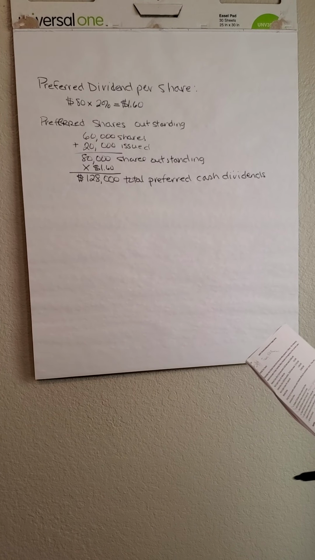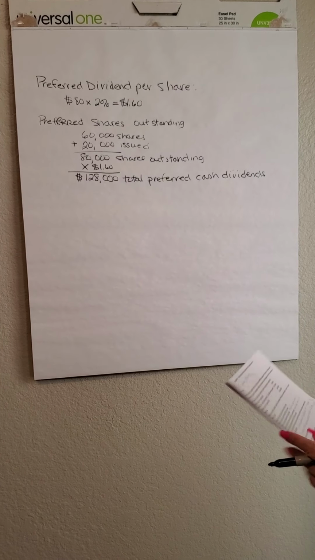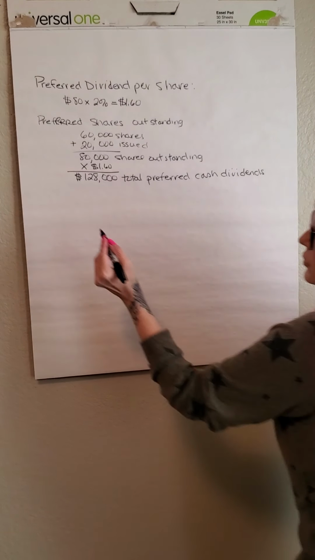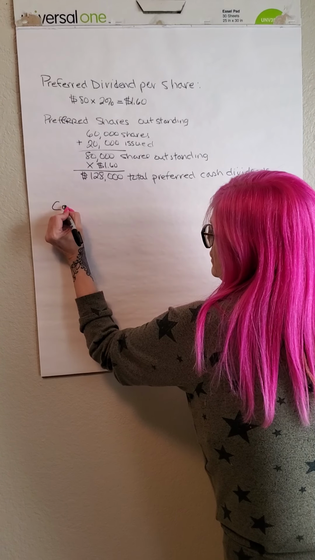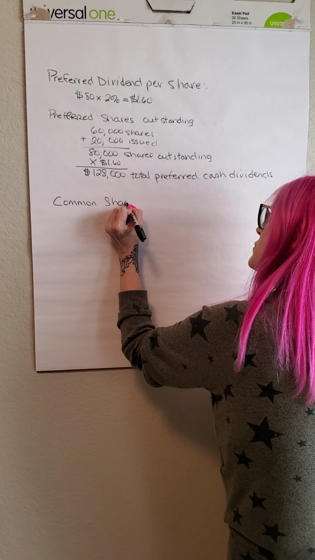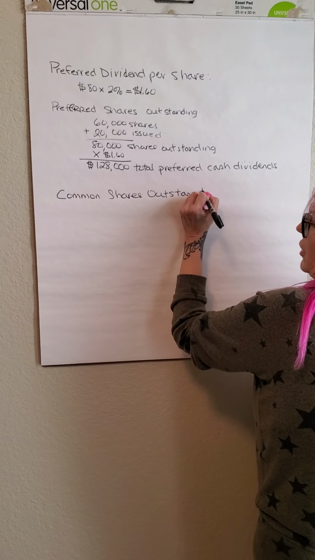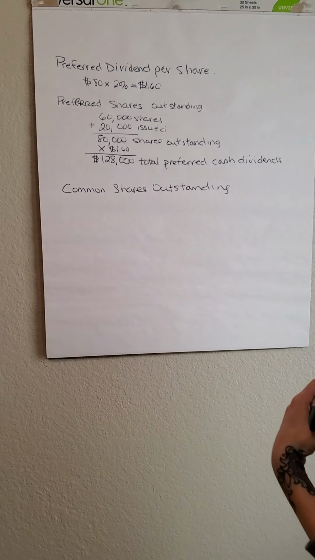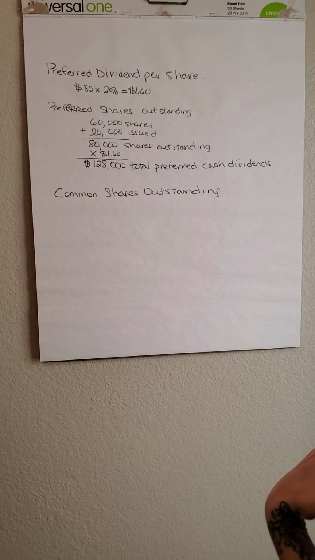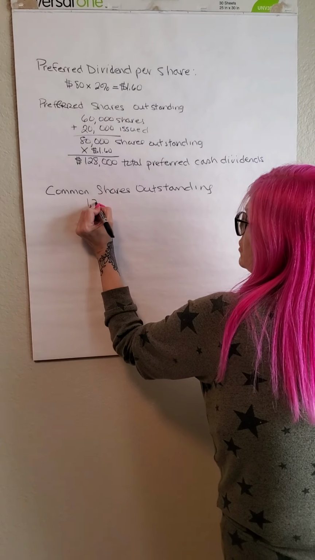And then they've also told us that the common dividend is 5 cents per share. So we need to calculate out common shares outstanding. So we start at the beginning of the period with a total of 1,750,000 shares.